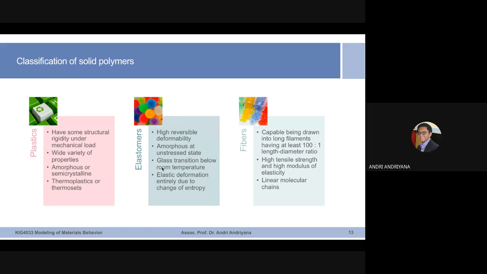Because they are being drawn, the polymeric chains are oriented in the direction of the drawing. Because all the polymeric chains are oriented along the direction of drawing, they create intermolecular force, they create a crystal. So what we see at macroscopic scale is that we obtain materials which possess high tensile strength and high modulus of elasticity.